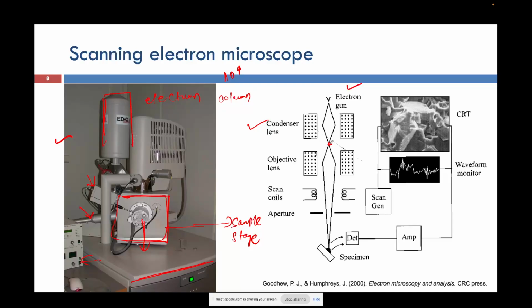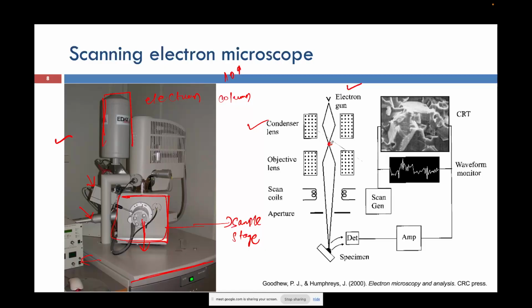After focusing, the electron beam will pass through the objective lens, right? The objective lens, according to our requirement, will capture all the beams and start focusing onto the specimen.